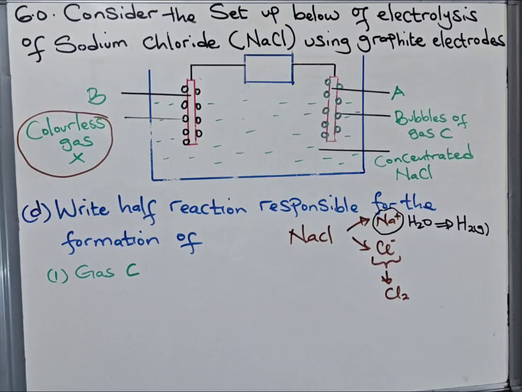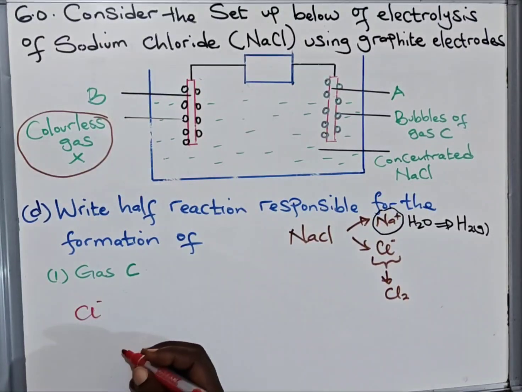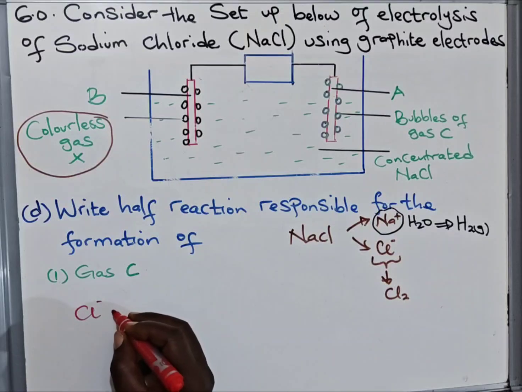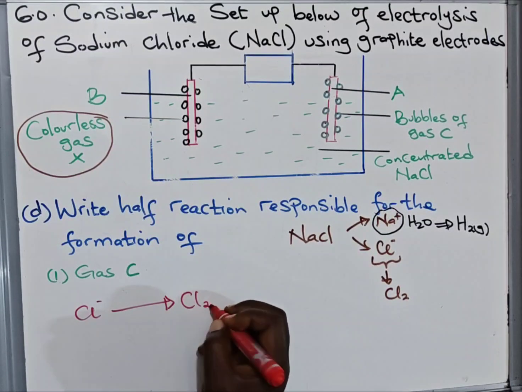Now, how do we answer the question? Gas C is chlorine. And what is the reaction responsible for formation of chlorine? We have chloride ions, which move to the electrode. They become oxidized to give you chlorine gas.